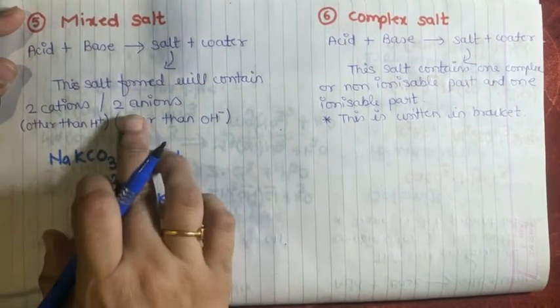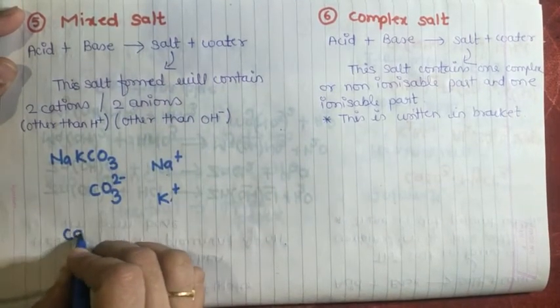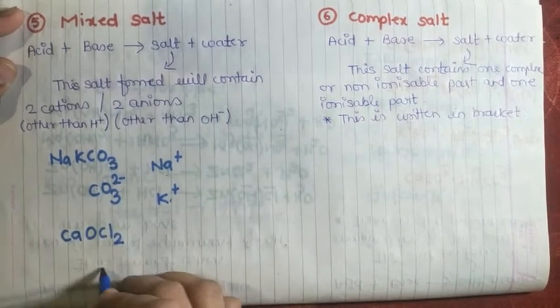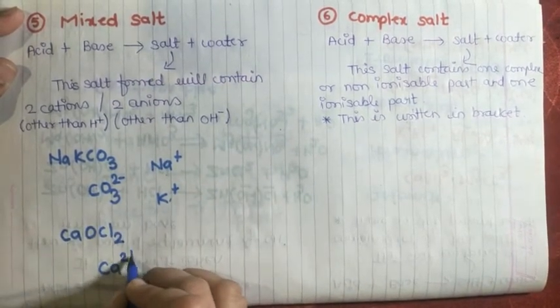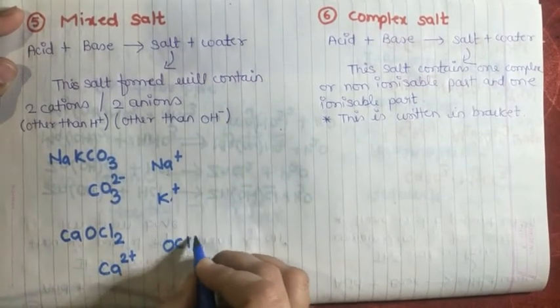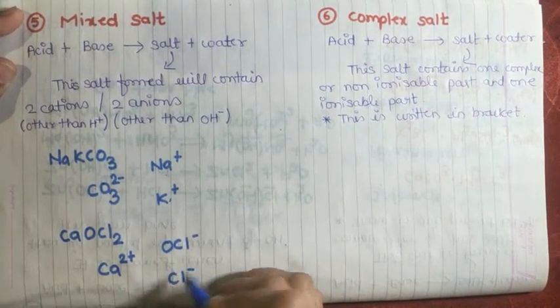Let's take an example of two anions. If we take bleaching powder, that is calcium oxychloride, then you can see that the calcium ion combines with oxychloride and chloride. So these are also other than your hydroxyl ion.